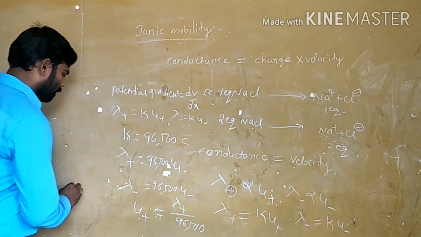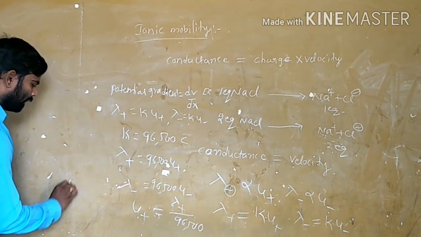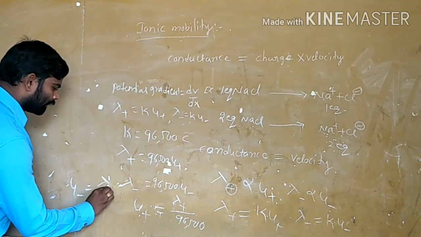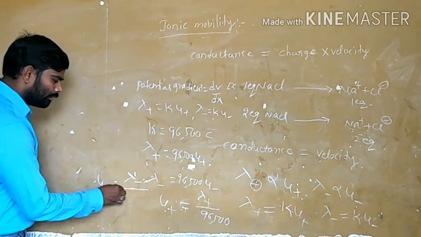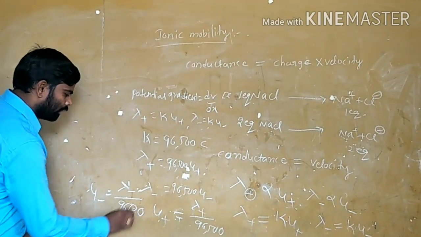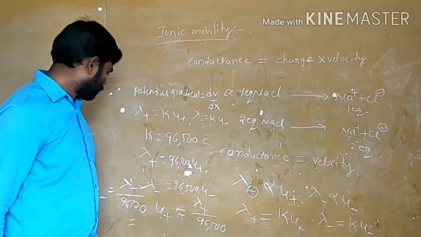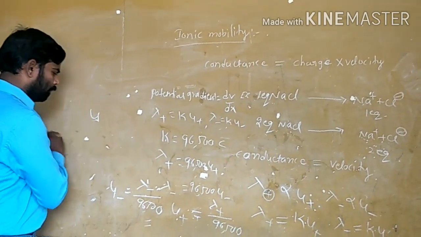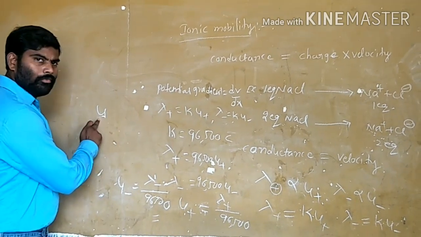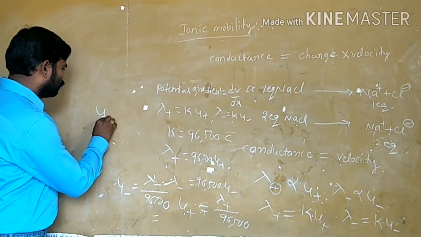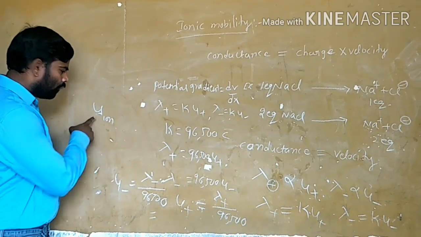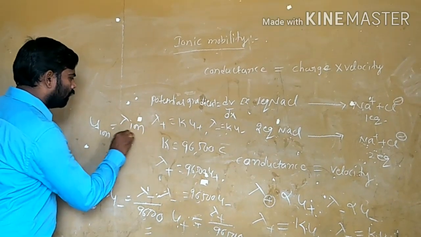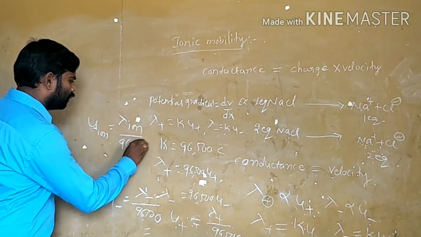In the same way, u minus, the velocity of the anion, is equal to the equivalent conductivity of the anion divided by 96,500. In general, I am writing the ionic mobility formula as u, the velocity of the ion, is equal to the equivalent conductivity of the ion divided by 96,500.